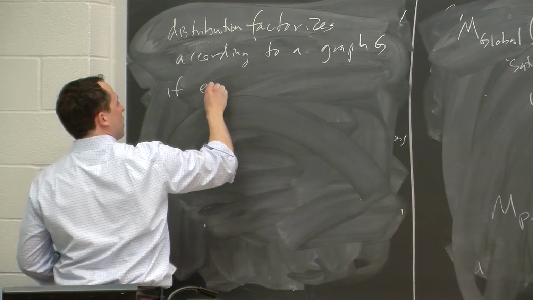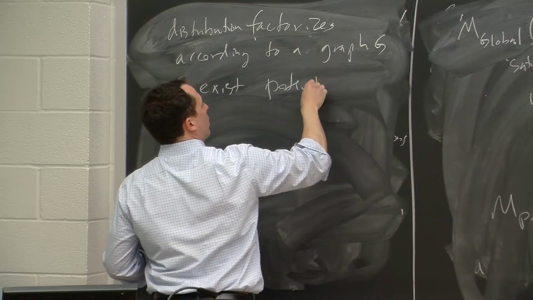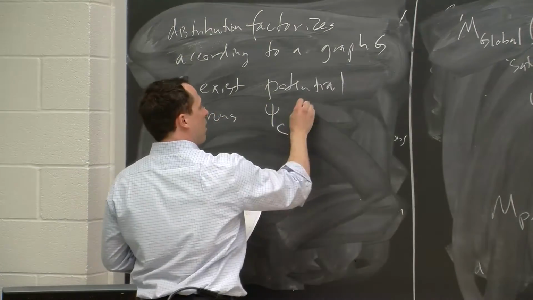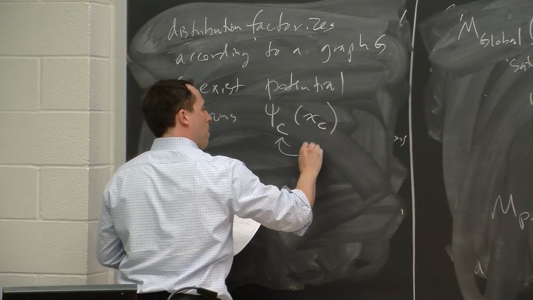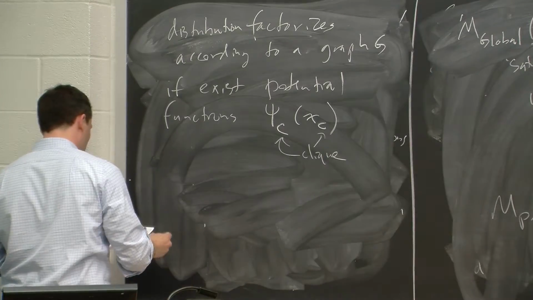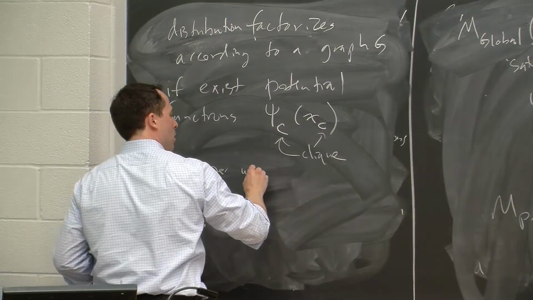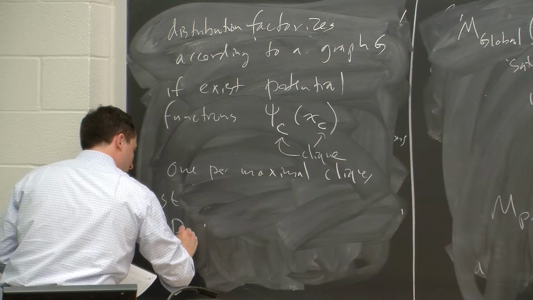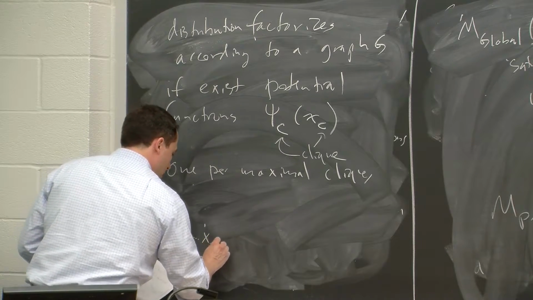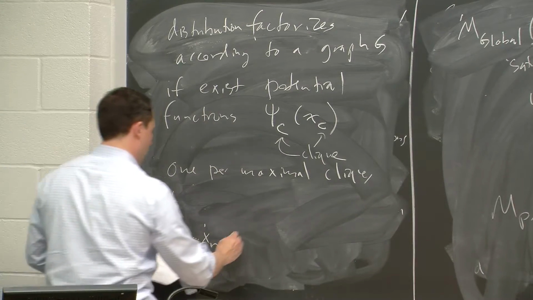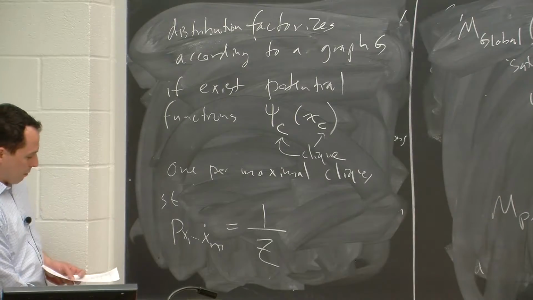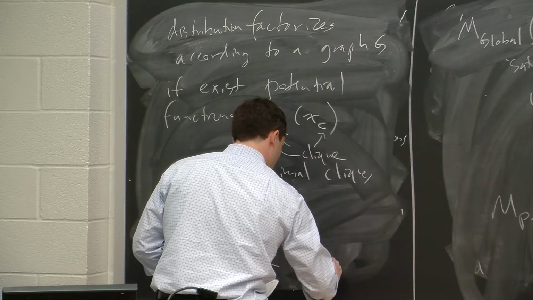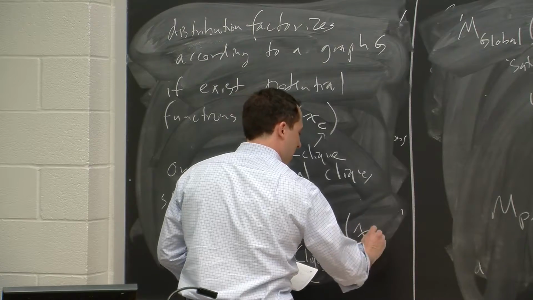If there exist potential functions, call it phi of x restricted to C, where C is a clique, one per maximal clique, such that the probability distribution, so if I list out all of the outcomes of all the variables in my graph, is equal to 1 over this partition function Z that we talked about a little bit last time, times the product over all cliques C of the potential function applied to the state of those variables.